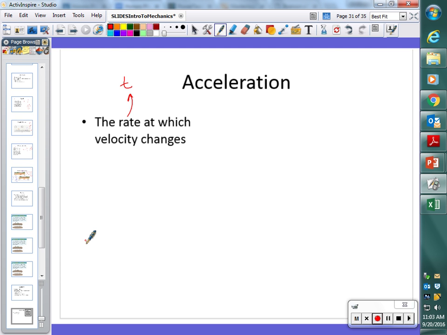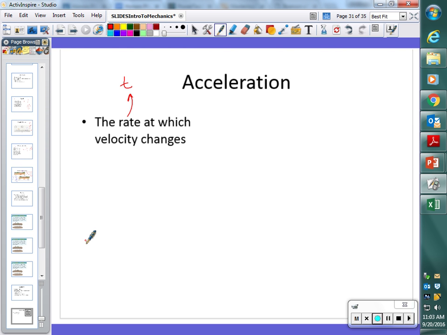What else do we need to know to calculate the acceleration of an object? Based on this description of acceleration. Not the velocity. What does it say? Does it say velocity? No. What does it say? The change in velocity.